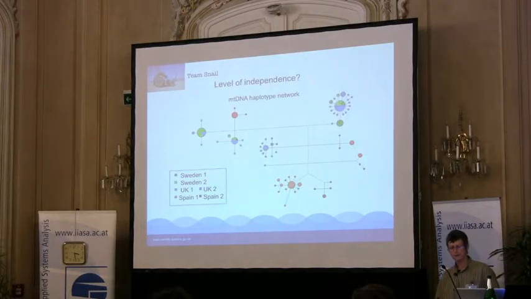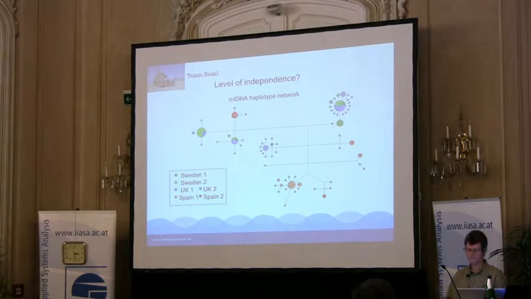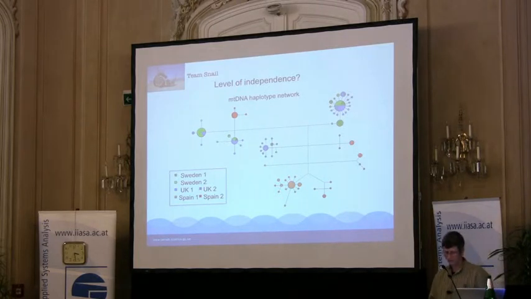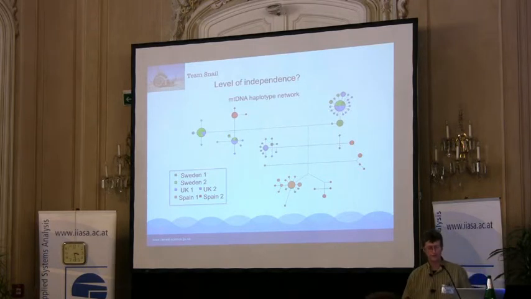Then we were interested, of course, to know what was the level of independence here. And the first thing to do was to try to analyze the phylogeny using a mitochondrial marker. Of course, this is only one marker, and as you will see shortly, there are fairly different patterns between the different markers that we used.